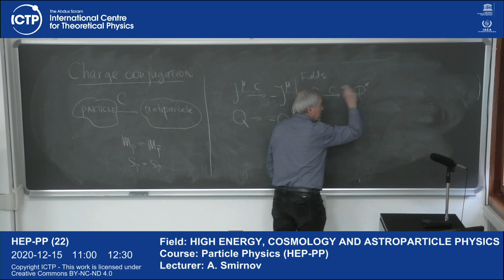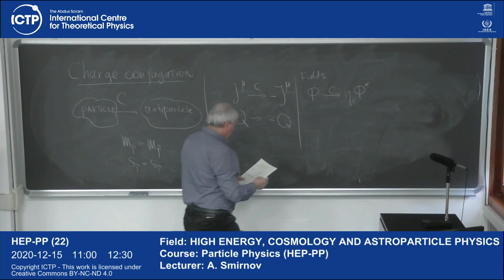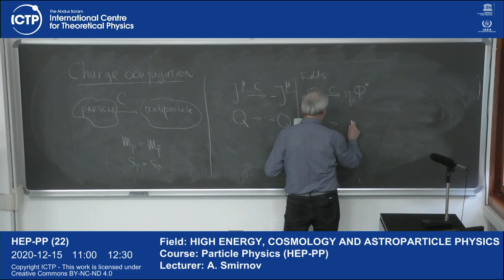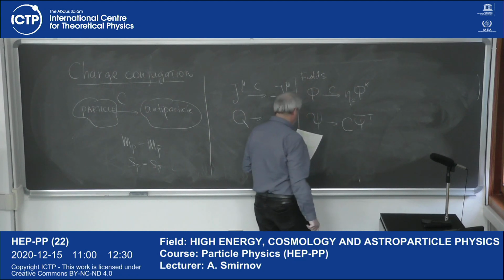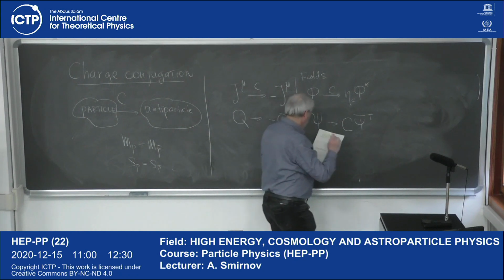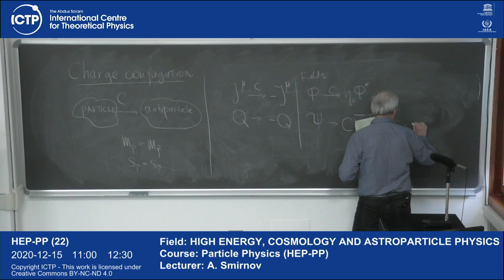That is something additional in contrast to P transformations. Now for fermionic fields, the transformation law is the following: C, which is some matrix, then the Dirac conjugate and transpose. And you can find what the Dirac conjugate transformation is. C here, a 4 by 4 matrix, equals i gamma 2 gamma 0.